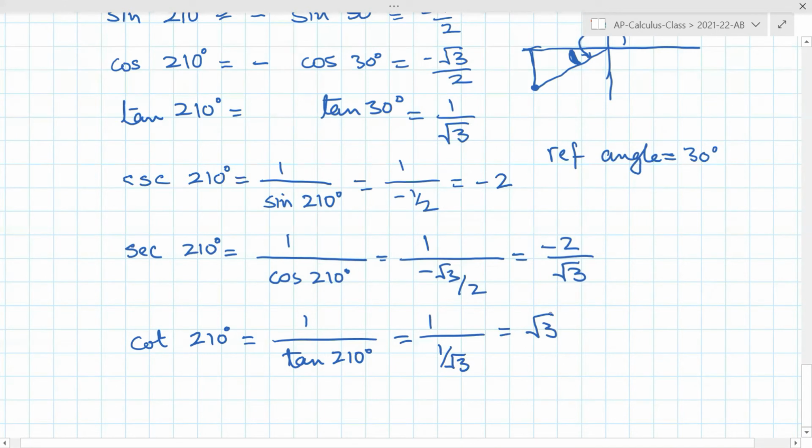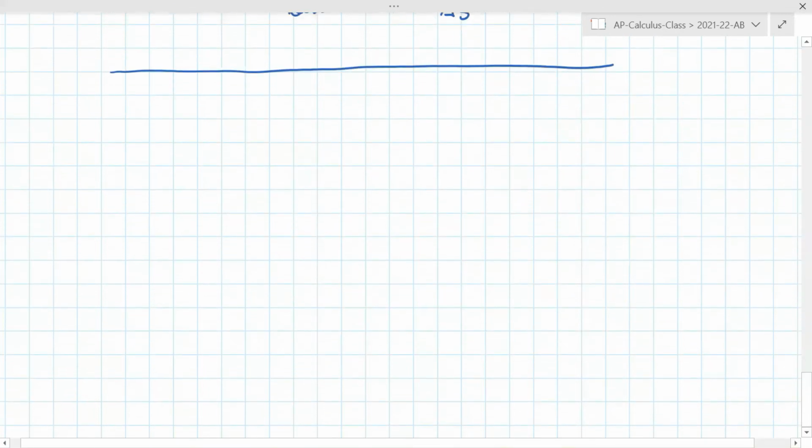Okay, so in this manner, we can find the trig ratios for any angle by using its reference angle. Because sometimes the angles could be much bigger.